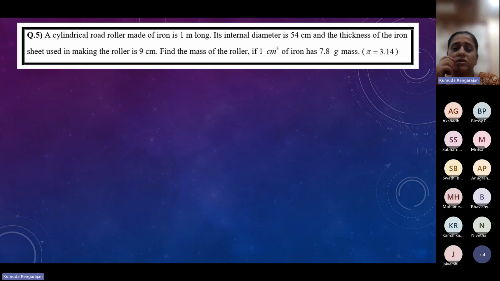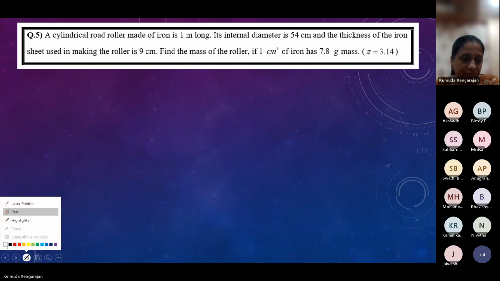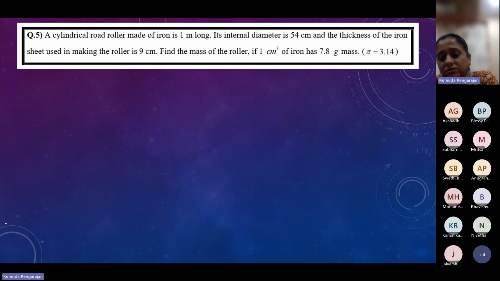Find the mass of the roller if 1 centimeter cubed of iron has 7.8 gram mass. Take pi as 3.14. This is actually a simple question for you for 10th standard, because it's actually from 9th standard, which can be asked. So how do we do this?